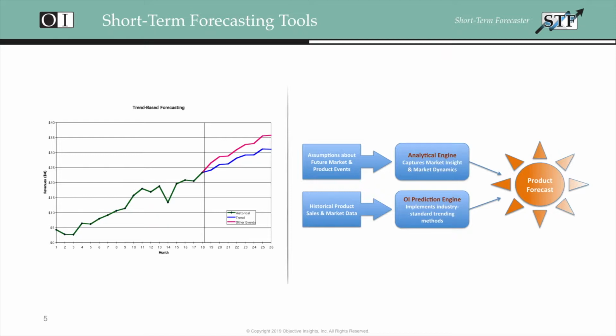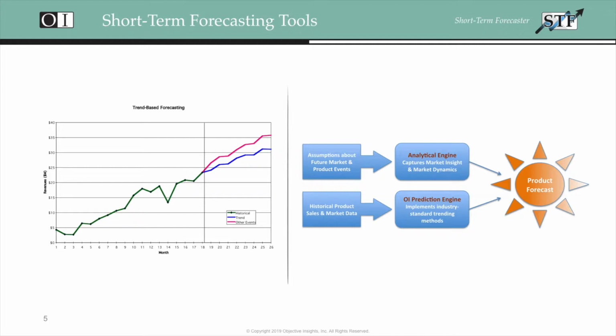But once we add in other events, here positive events, we end up with a forecast that's the red line, so it's above the blue line. We're really calculating two forecasts in the short-term forecaster model: the base market, which would be the blue line, and the final market, which would be the red line.